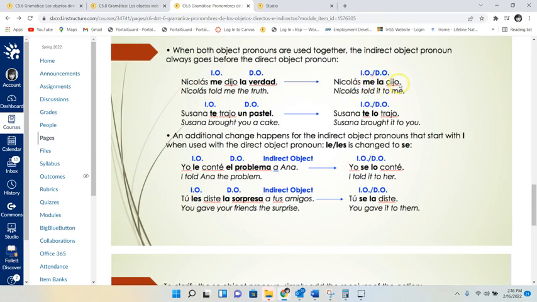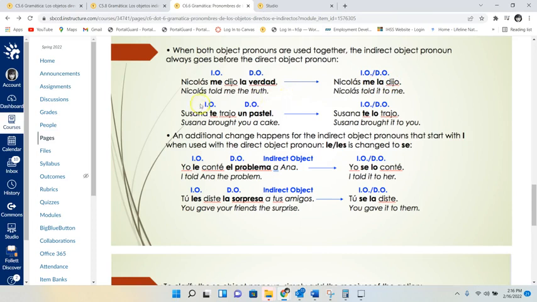In front of the conjugated verb, like I mentioned earlier when we were going over the direct object pronouns. In English, you say, Nicolás told, you put the verb first, it to me. But you notice in Spanish, it is Nicolás, me la dijo. Actually, it's to me, it told.